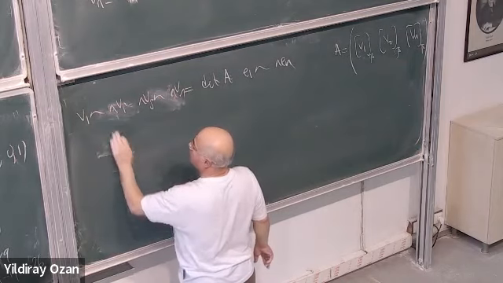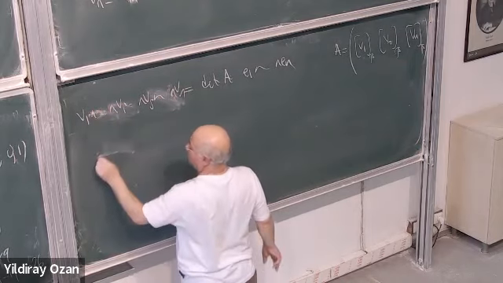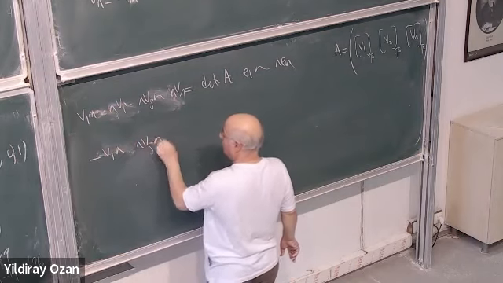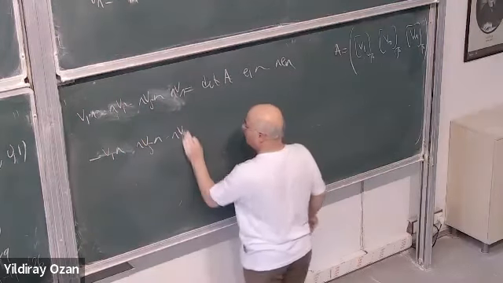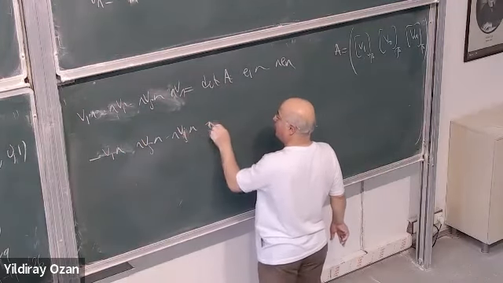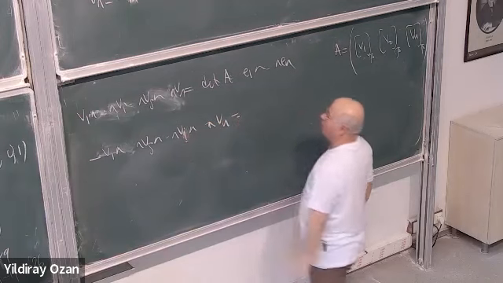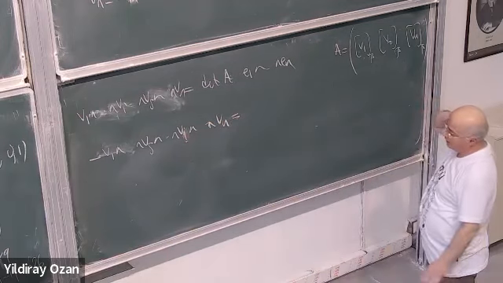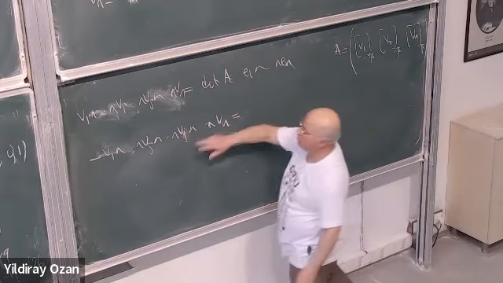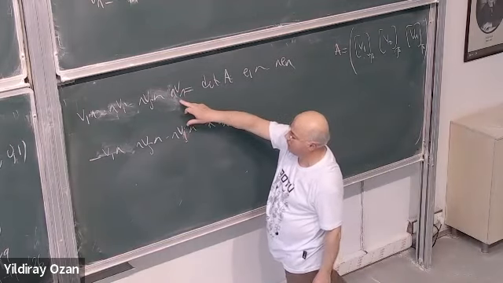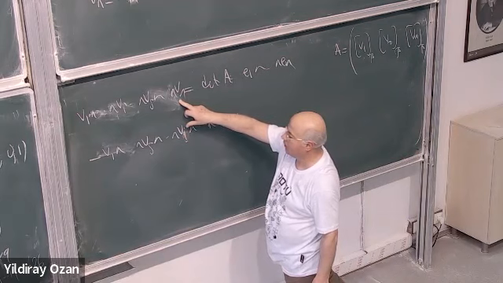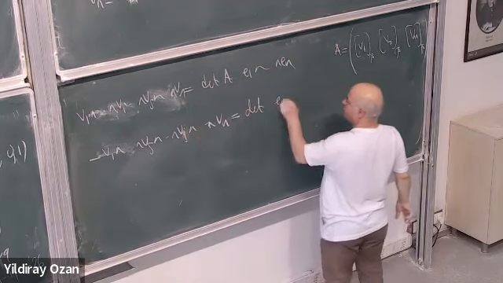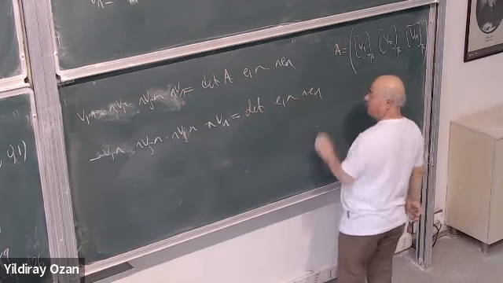So if I interchange two elements, V1, Vj, Vi, Vn, okay, then of course these two are the same thing. So I have the determinant of A times E1 wedge En.